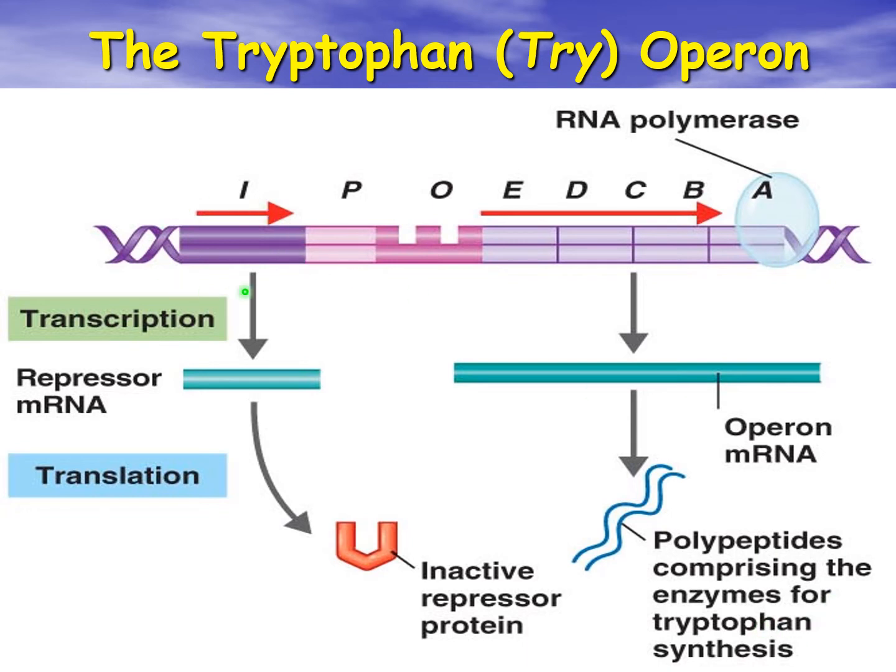The regulatory gene, again, will constantly be transcribed and translated and make a repressor protein. However, it's made in the inactive shape, so it does not bind to the operator, and RNA polymerase can bind to the promoter and transcribe the 5 structural genes, and these enzymes will then make tryptophan.